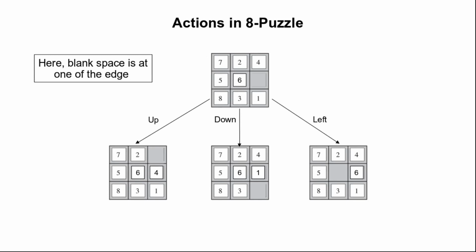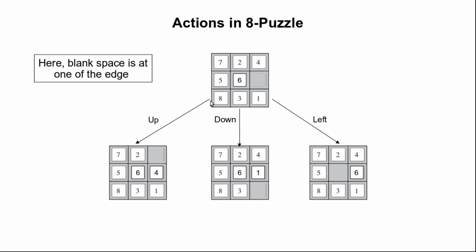For example, in this case, the blank space can either move upward, or it may move downward, or it may move to the left. Since it is at the edge, it cannot move to the right in this particular configuration. The diagram also shows the new configuration for each of the actions.